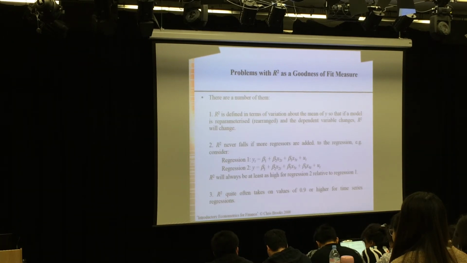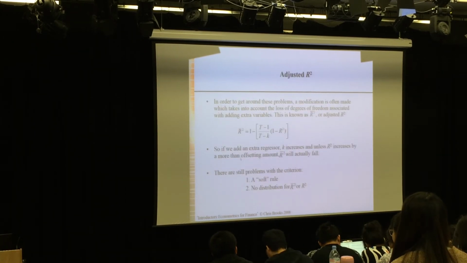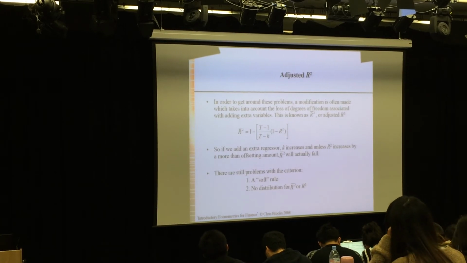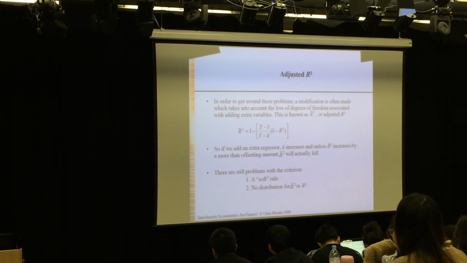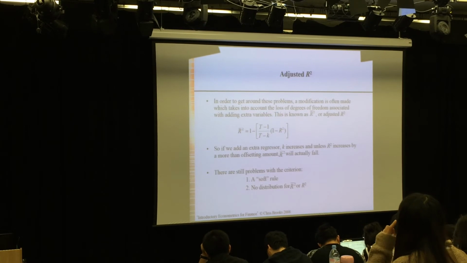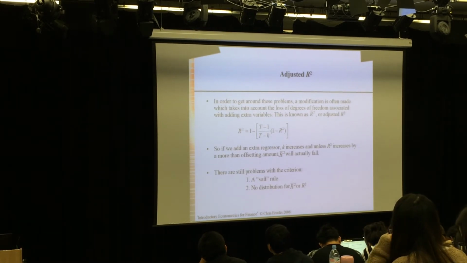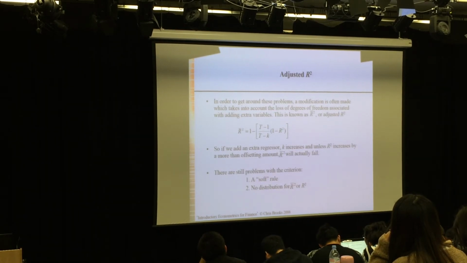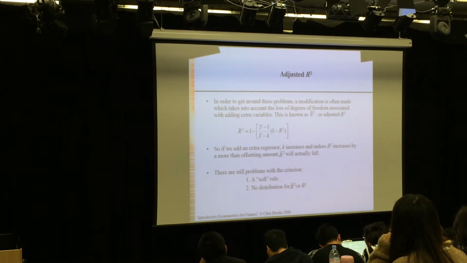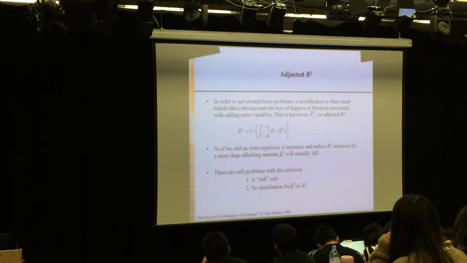So often people use an adjusted R-squared measure. What that does is it tempers the R-squared and reduces it a bit, and it has a penalty for the number of variables that you add in, to overcome this tendency to overfit. So if you're going to add in an extra variable, it has to overcome this penalty first. It needs to add enough to the model to overcome the penalty for adding it.